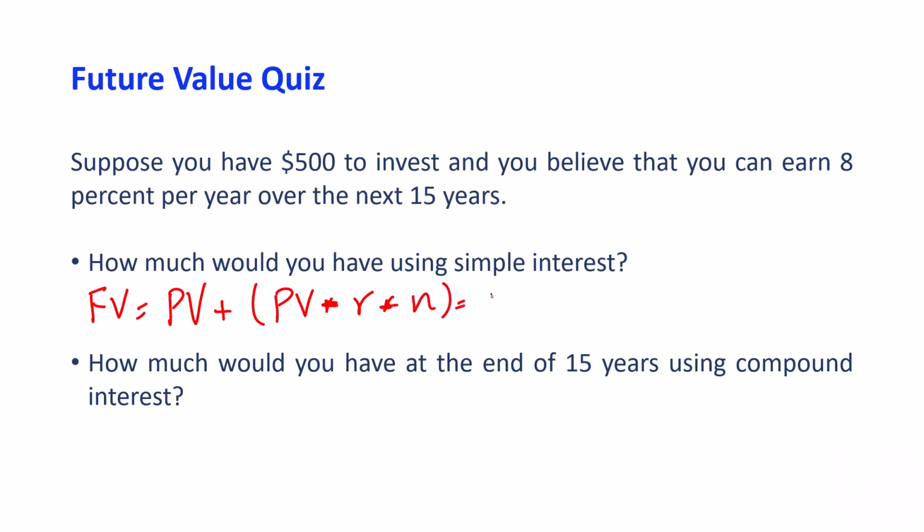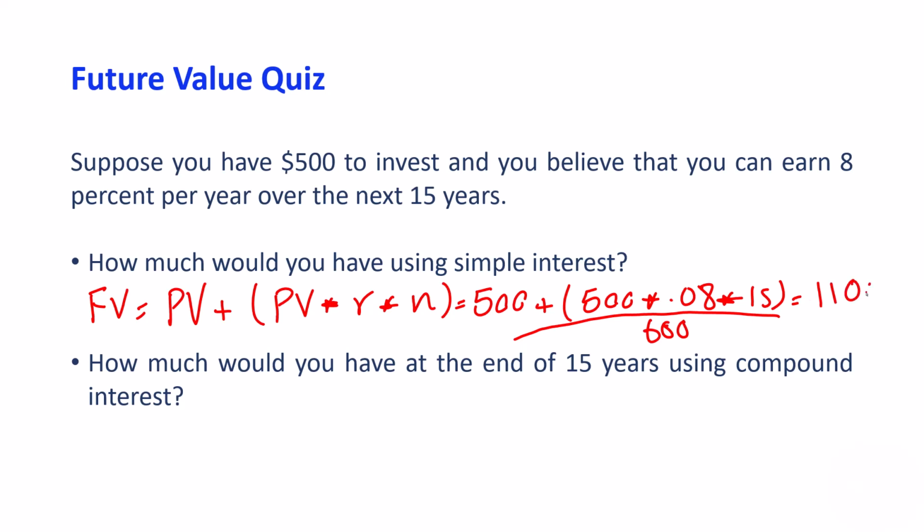So we have 500 plus 500 times 8% times 15 periods. You will have 600 in interest, so together you will have $1,100, right?